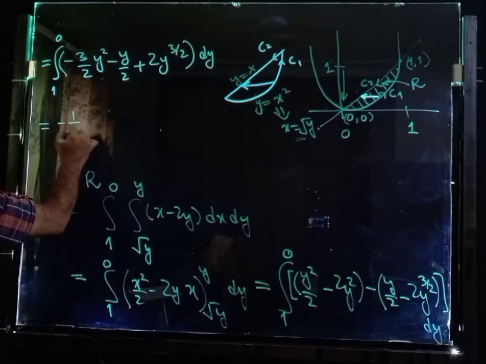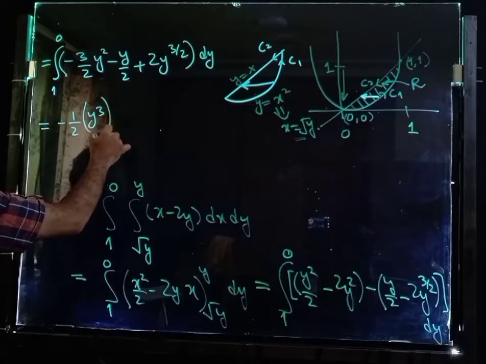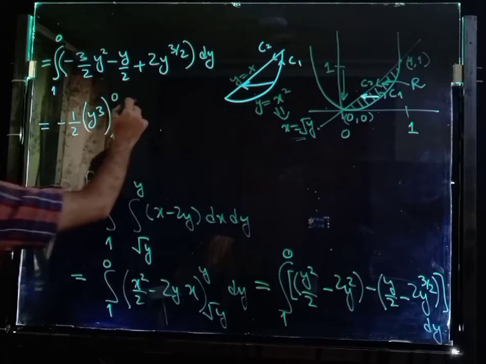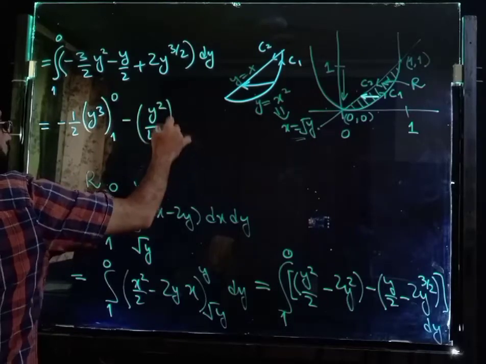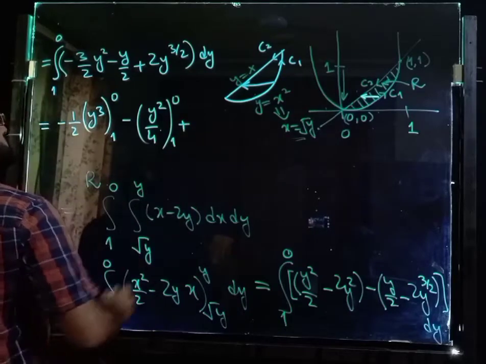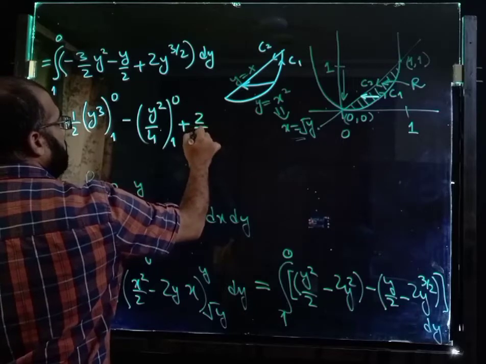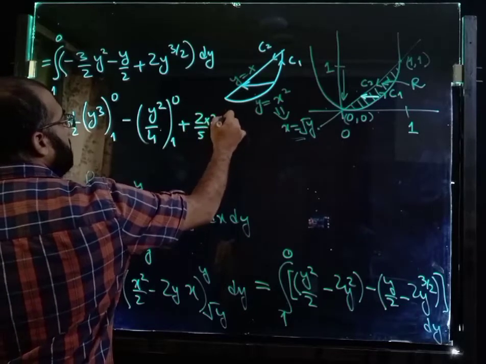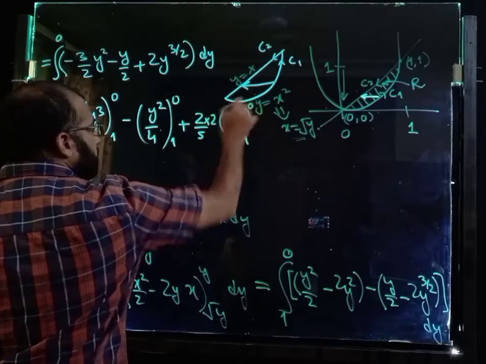So minus 1/2 y cube from 1 to 0, y square by 4 from 1 to 0, plus 2 times y to the 5/2 over 5/2, from 1 to 0.